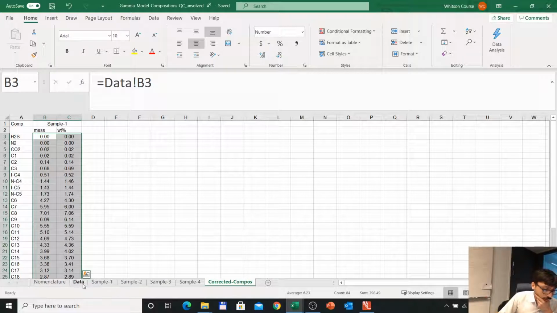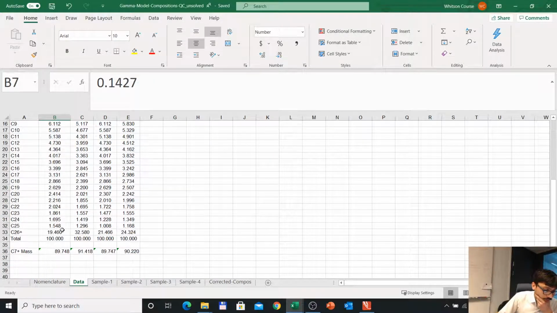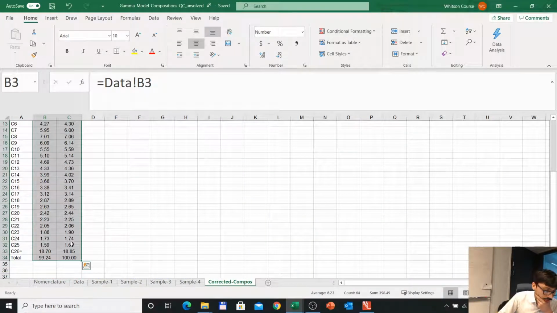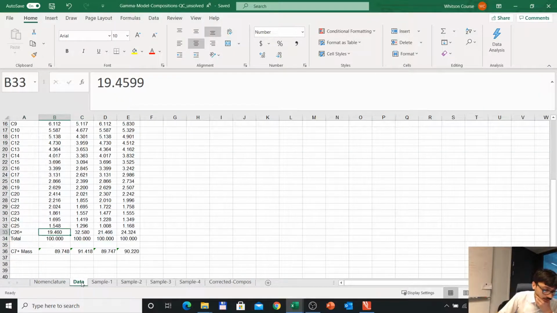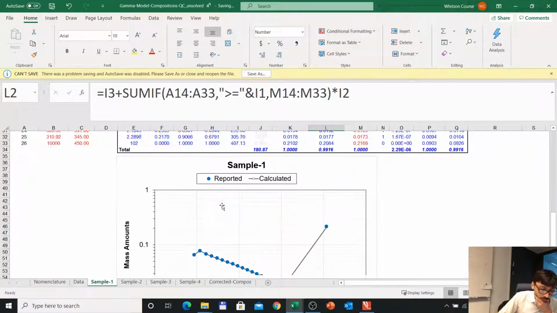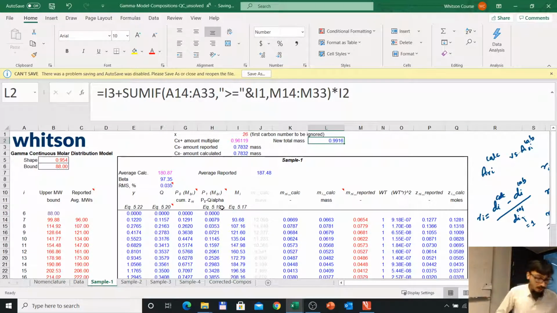For example, if you look at C2, 0.14, and the heaviest fraction, 19.46. The heaviest fraction is slightly different because the calculated mass here is not exactly one, of course, because the distribution model is not pinpoint matching every component. So you have slight differences here.